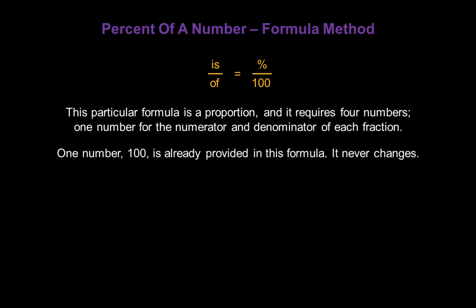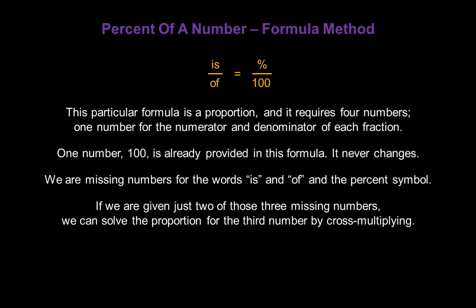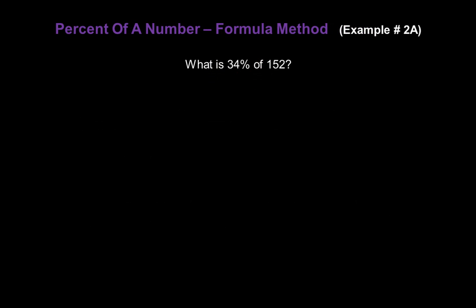One number, 100, is already provided in the formula. It never changes. We are missing, however, numbers for the words is and of and the percent symbol. If we're given just 2 of those 3 missing numbers, we can solve the proportion for the third number by cross-multiplying. Now let's look at some examples.